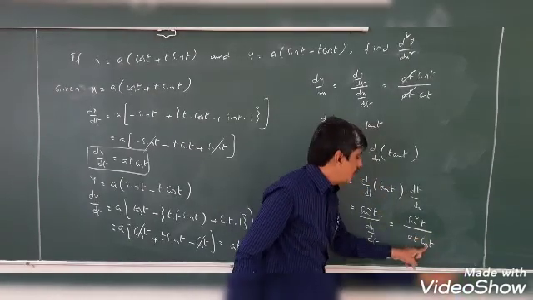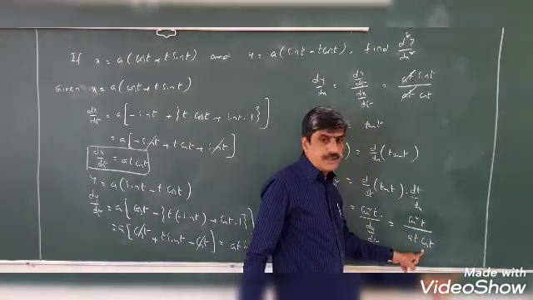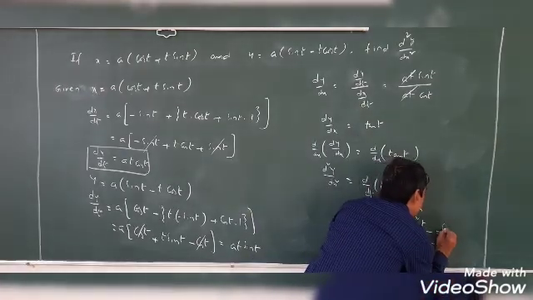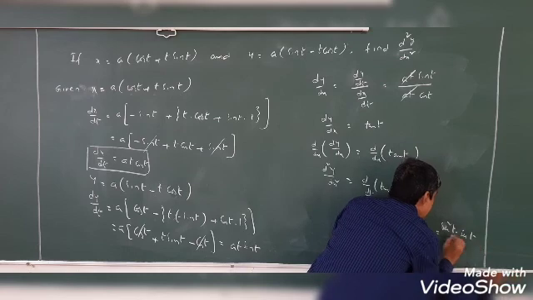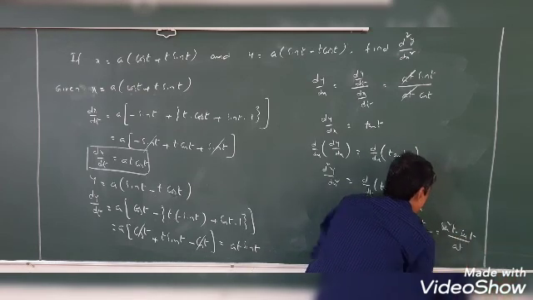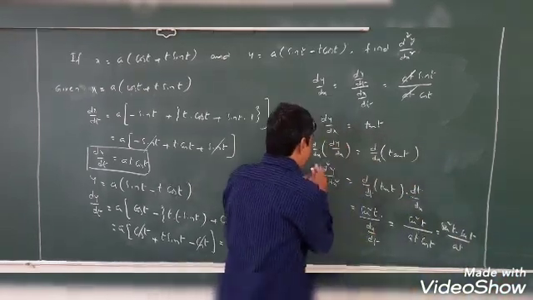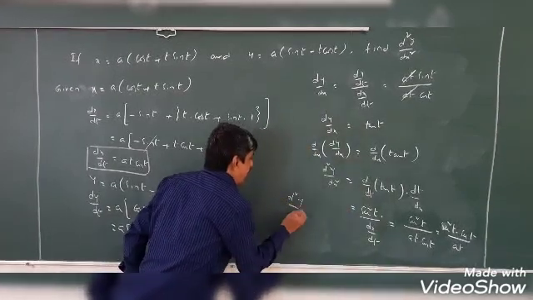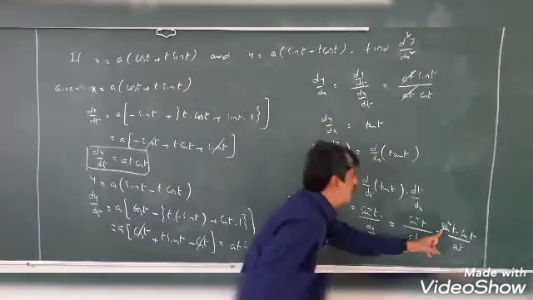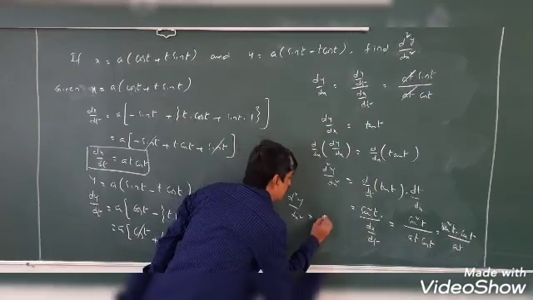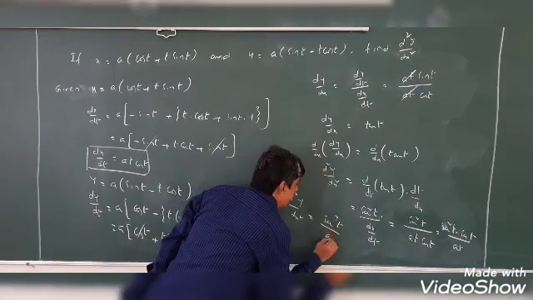So 1 by cos t is nothing but secant t. So this is secant square t into secant t by a. So d square y by dx square is equal to secant square t into secant t, which is secant cube t by a.